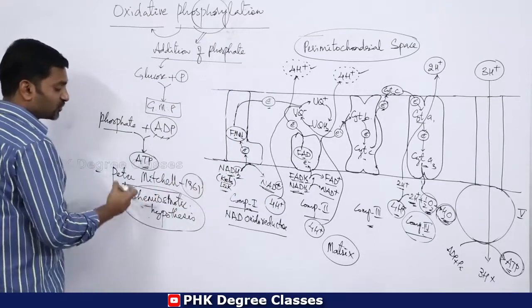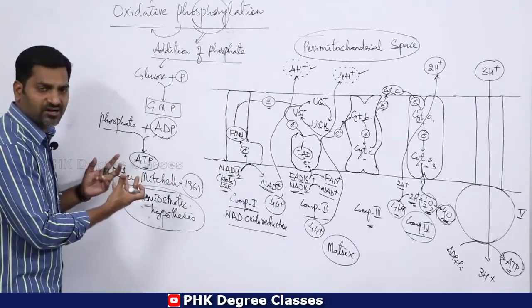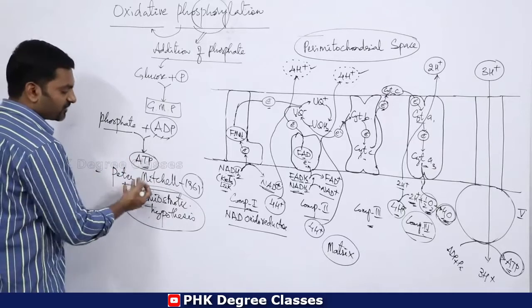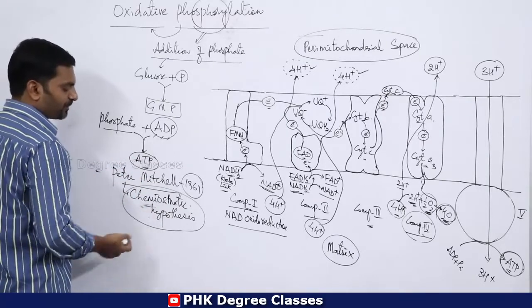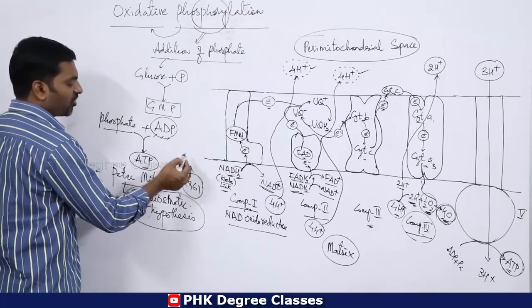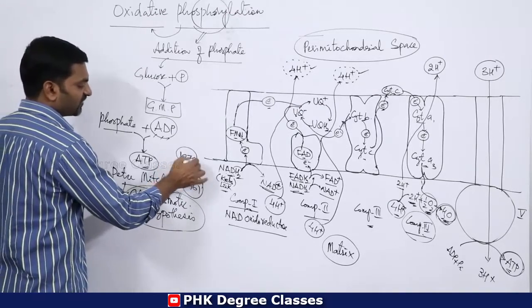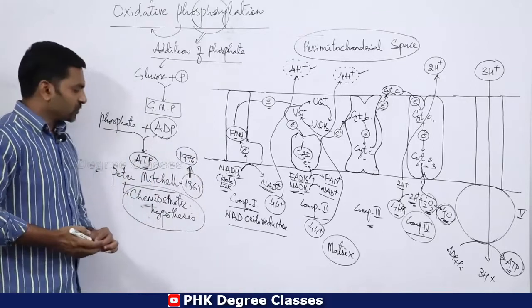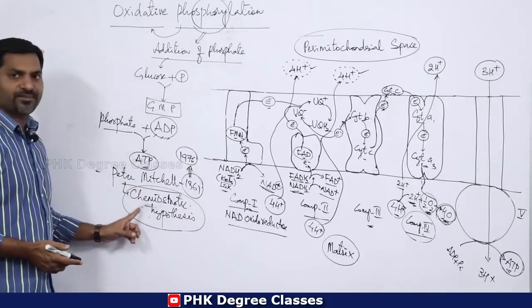This is a beautiful phenomenon. For this proposal, he got the Nobel Prize in the year 1976. So this is about Peter Mitchell's chemiosmotic theory.